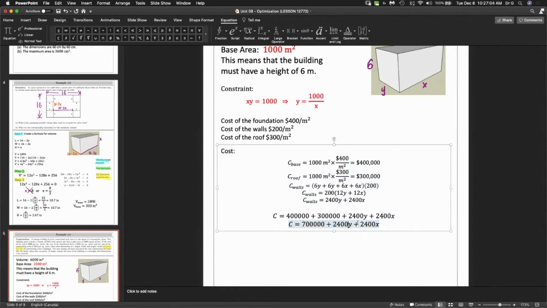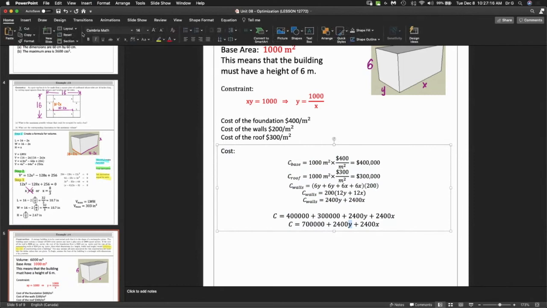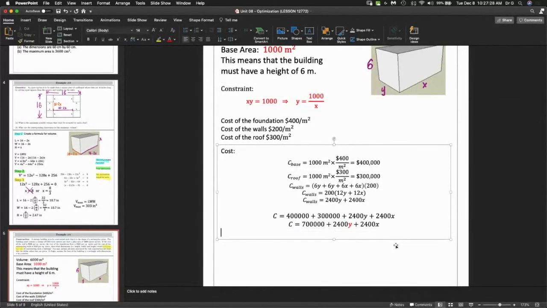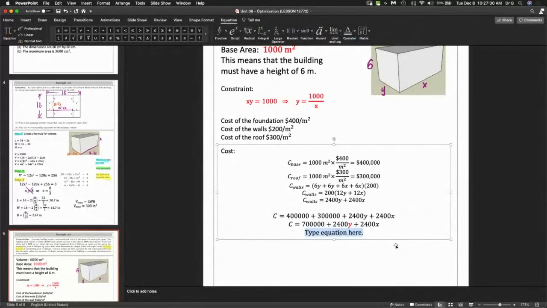What can we do? Well, you see what Prabidi wrote in the chat there? There's a fraction over x. What Prabidi did was she took the y there, and I'll color it in red, and replaced the y with this. Because this way, just like that tabletop question earlier, now you'll only have one independent variable.